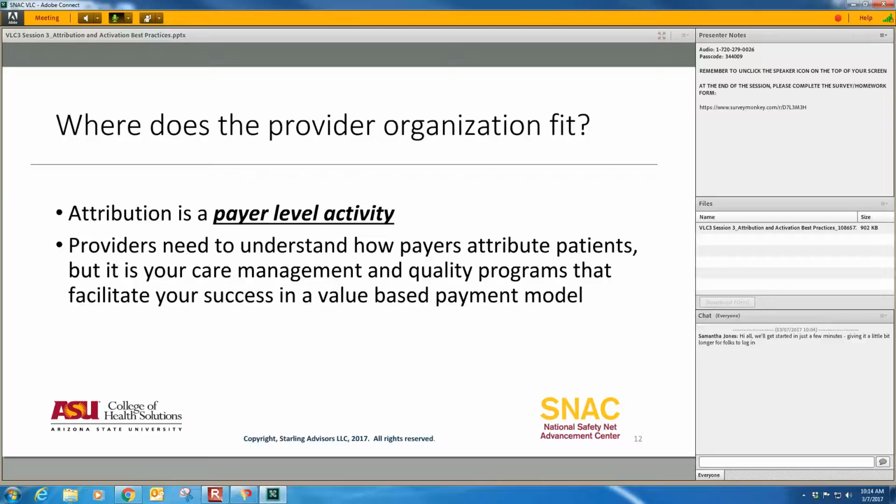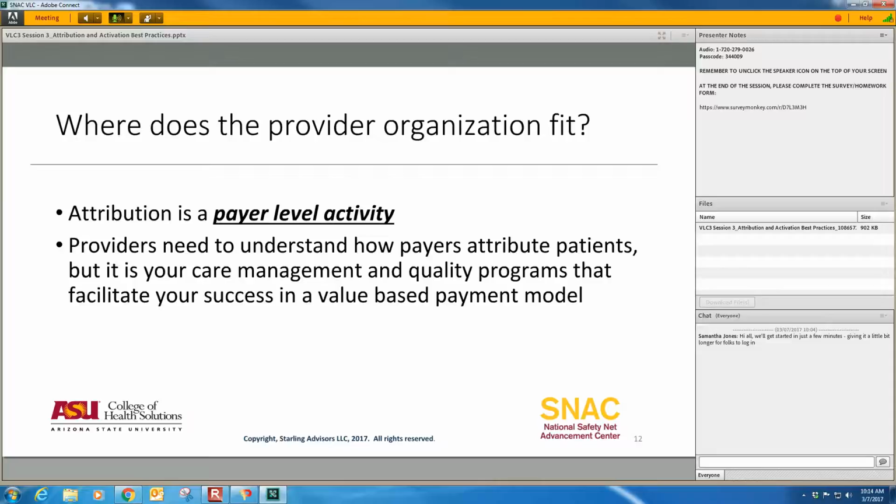And attribution, what we want to kind of do in this session is bridge this issue. So attribution is a payer level activity. It's generally payers assigning patients to providers. And so from the provider perspective, you need to understand that process and how the payers that you're interacting with are attributing patients.